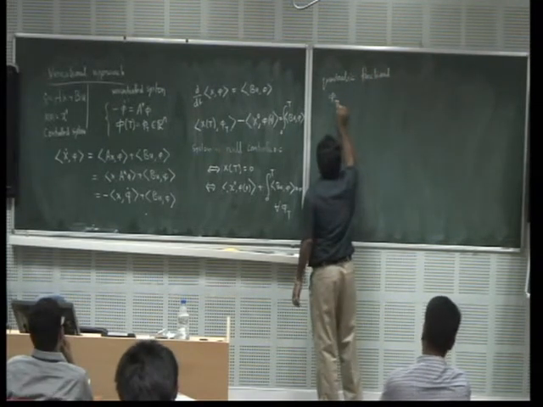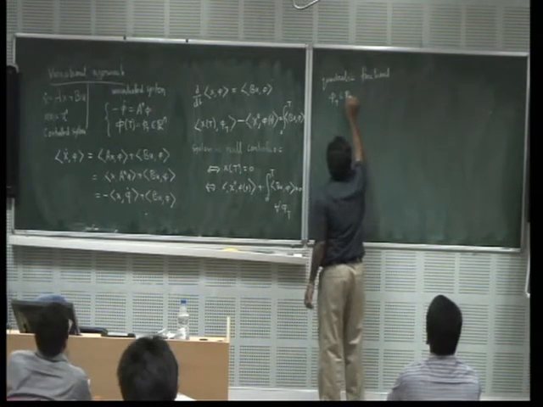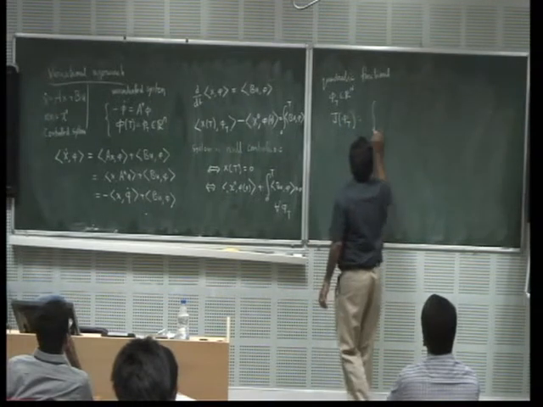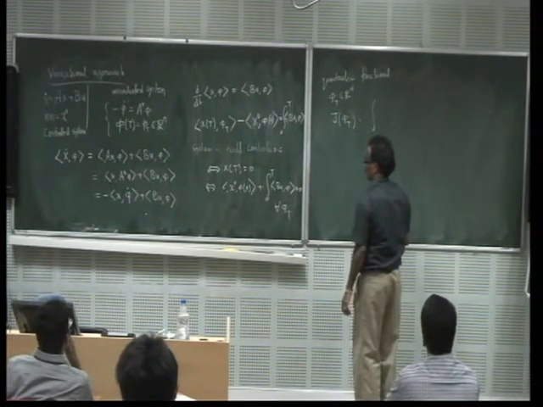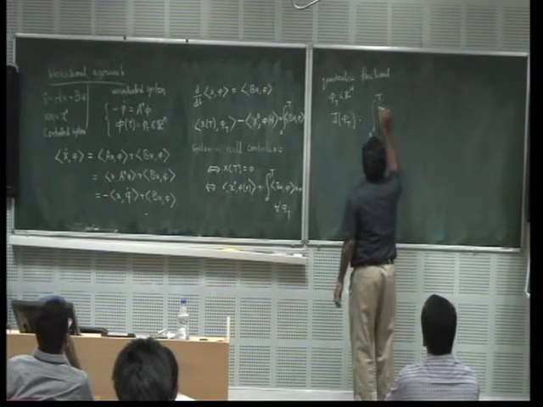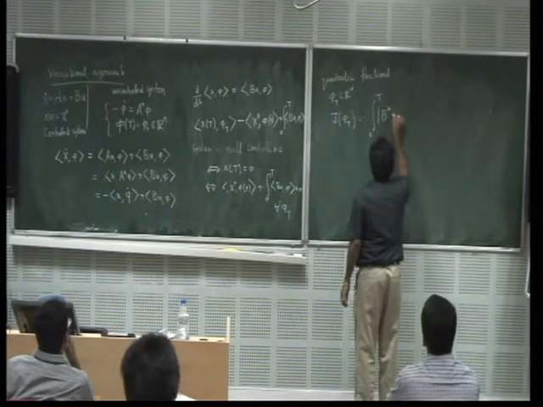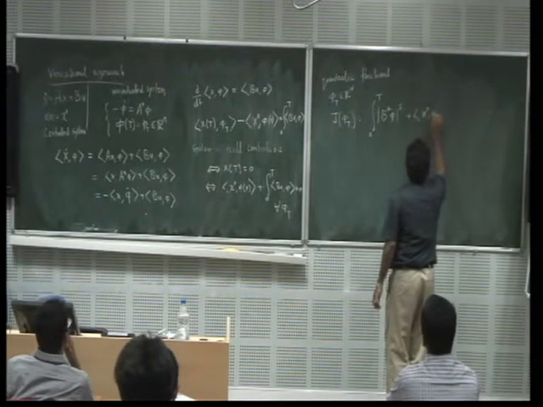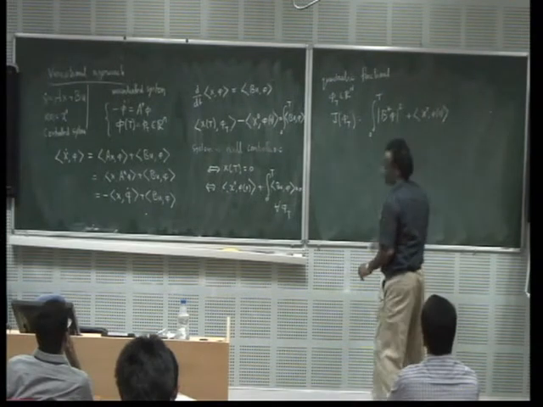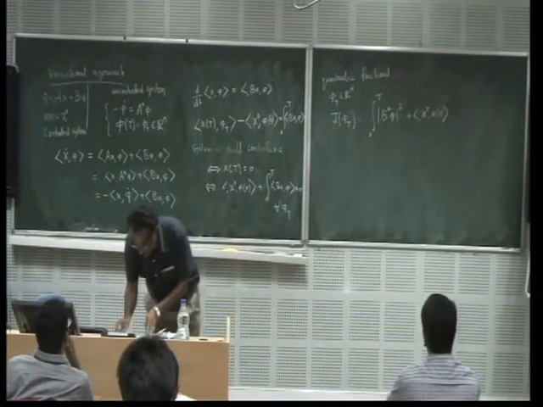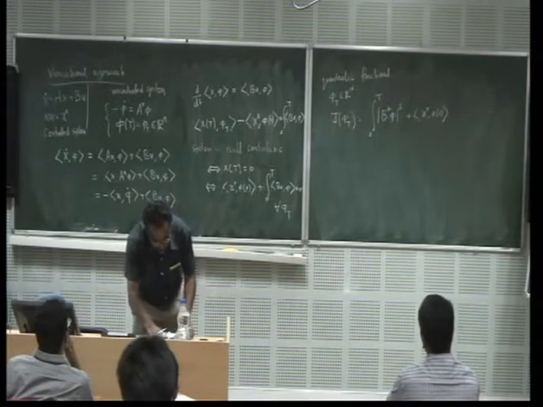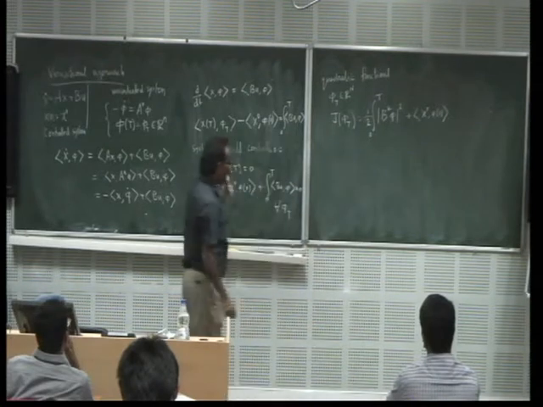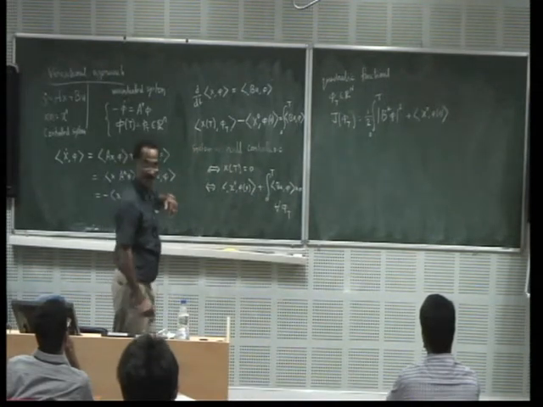Starting with phi t hat, phi t in Rn, you define J of phi t equal to the integral from 0 to T of modulus of B star of phi squared plus x star x naught phi 0. Maybe with a half. And then I want to minimize this quadratic functional.